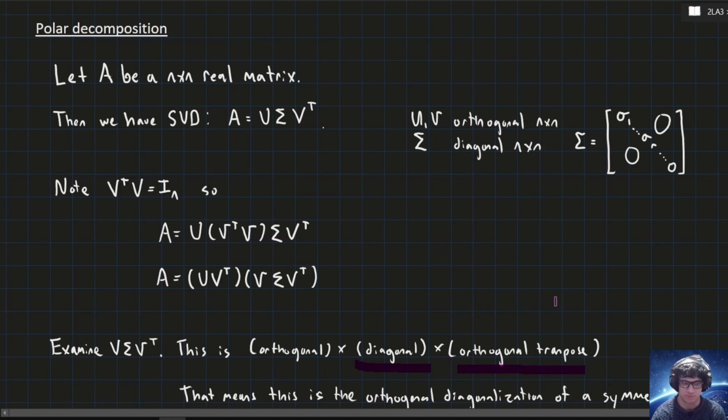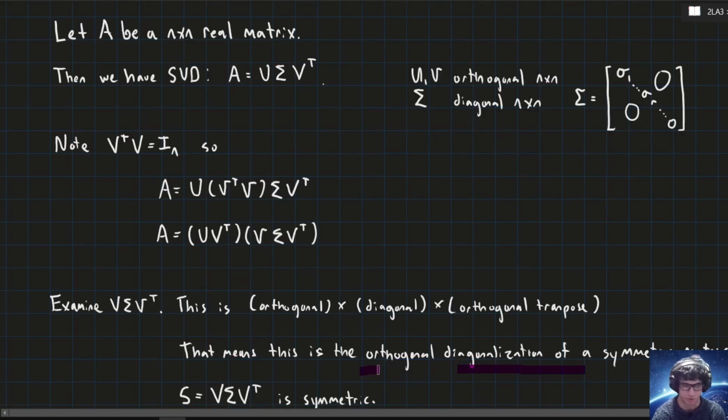And we remember this. That's the form of orthogonal diagonalization. By the diagonalization theorem, that means that this product is actually a symmetric matrix. So we can rewrite this part here as S, a symmetric matrix.